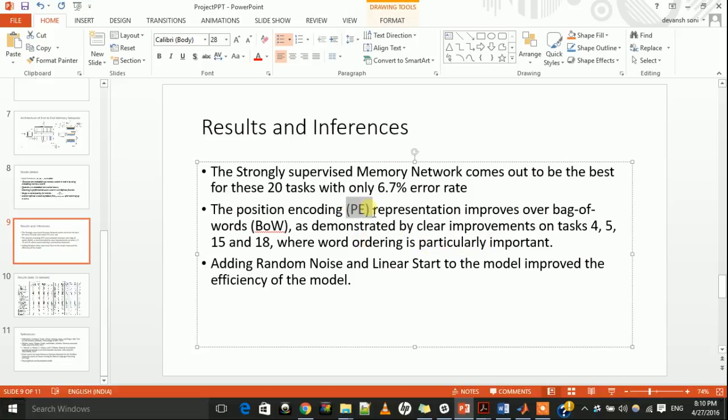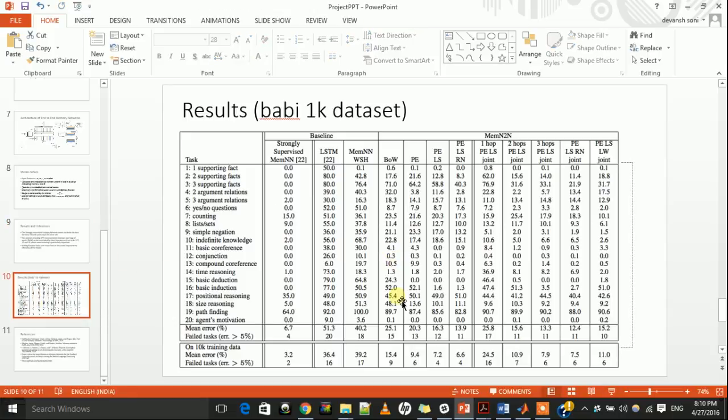So the position encoding model is laying stress or giving weight to the word ordering as well. However, the other models were not doing so. Hence, we saw improvements on tasks 4, 5, 15 and 18. Also, adding random noise and linear start to the model improved the overall efficiency of the model, which is also depicted in this chart.